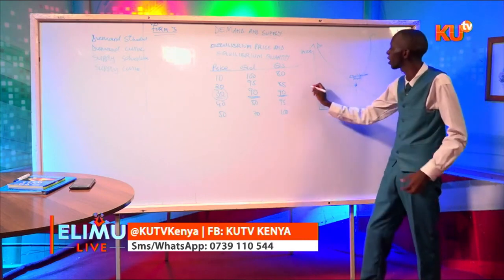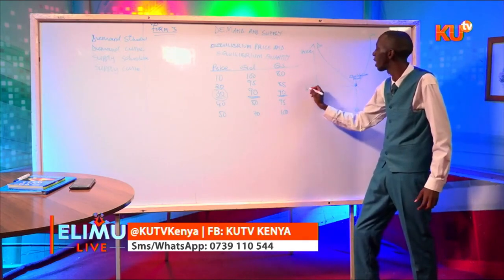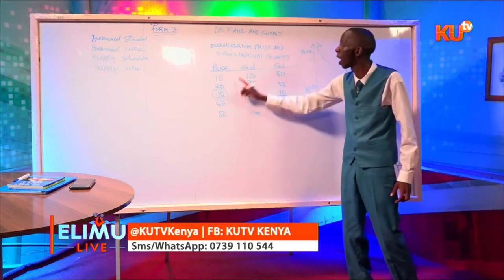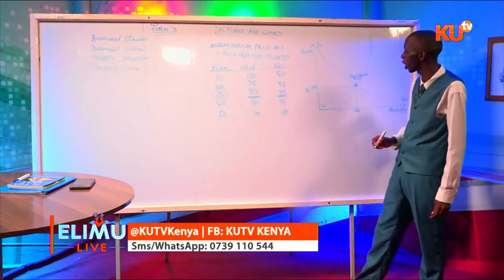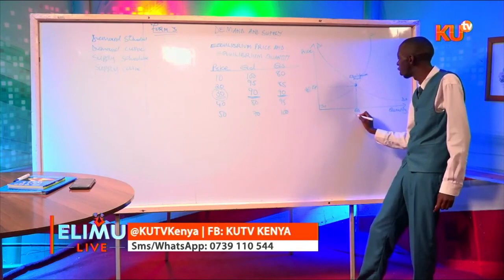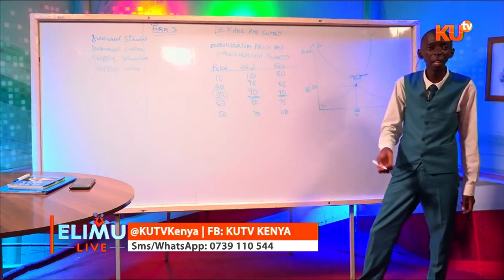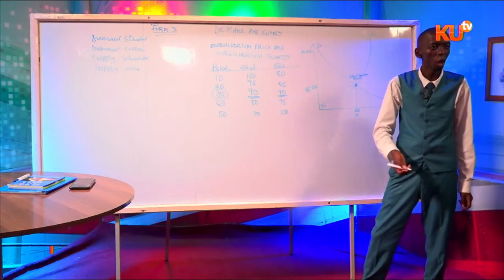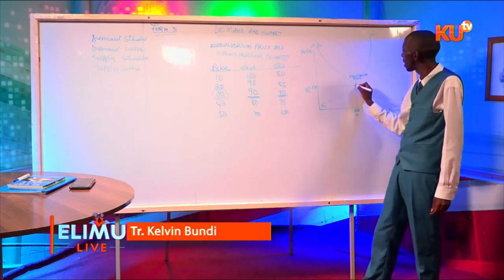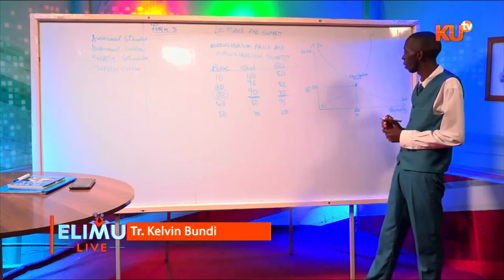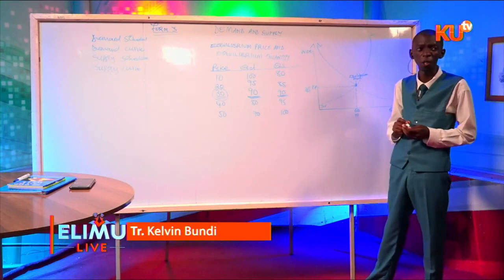If this was 30 shillings, our equilibrium price from our demand and supply schedule, this would be 90 loaves of bread if we are dealing with loaves of bread. So this is the equilibrium point, and that is all about the equilibrium point.